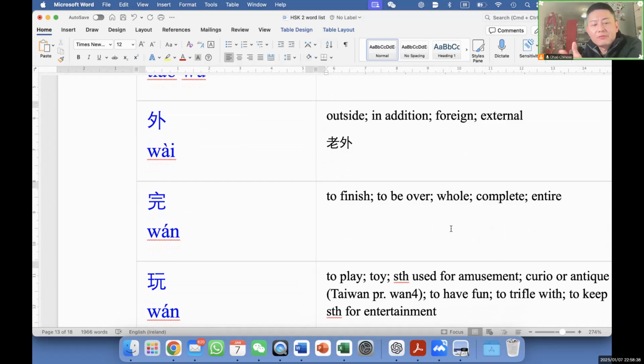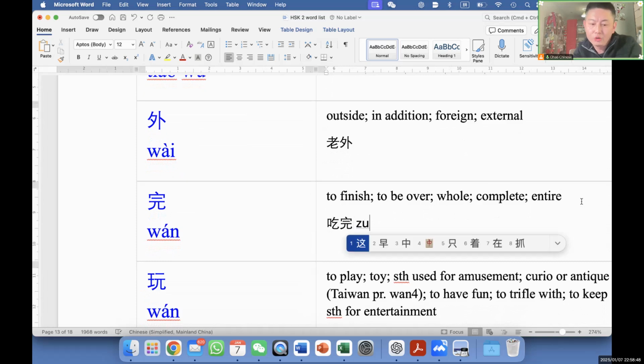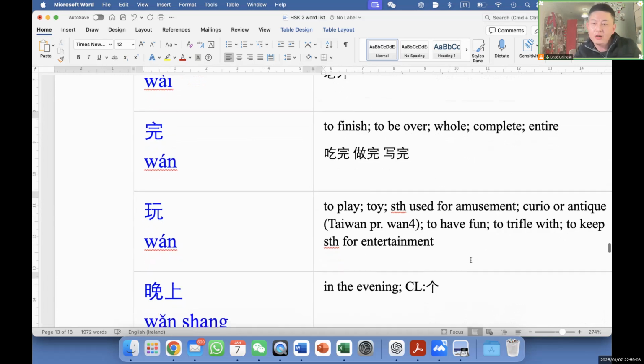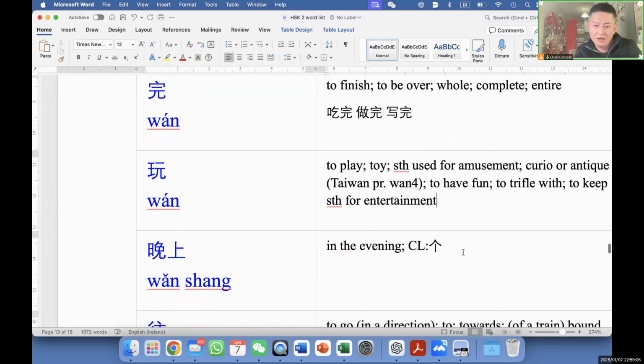It's not a verb to finish, usually. You usually put this one after another action word, like 吃完, 做完, 写完, 等等等等, etc., etc. Another one is to play. 玩篮球, 玩足球, that's fine. 玩游戏, 玩电脑.